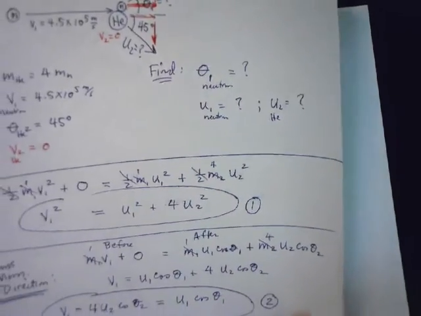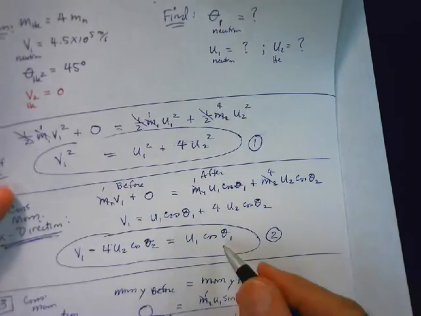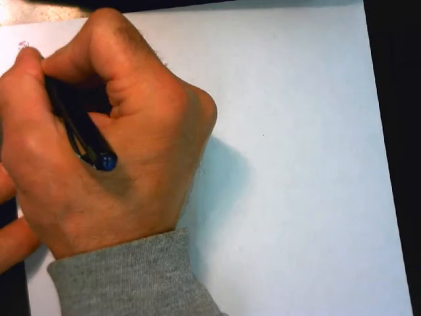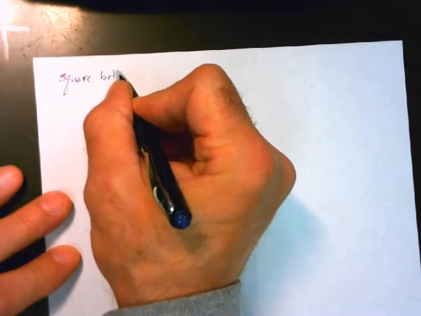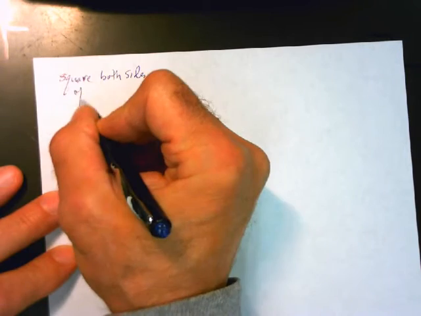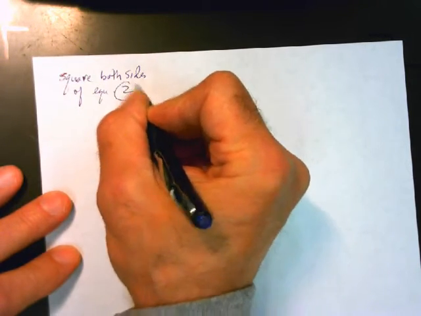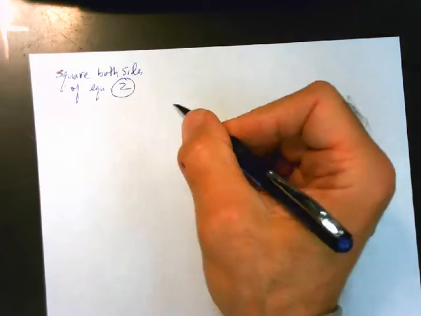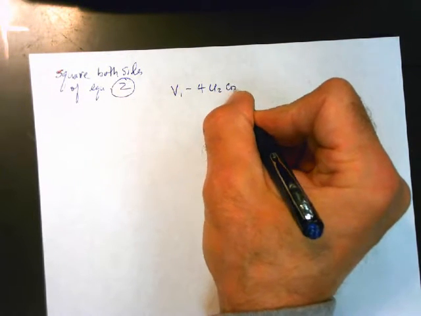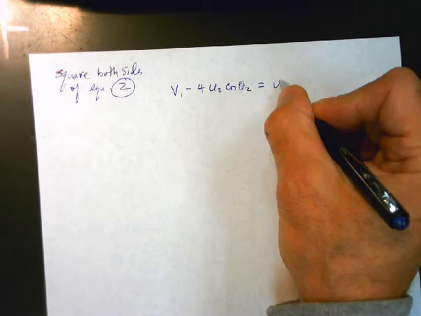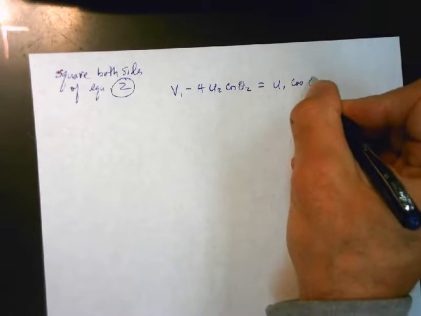What we need to do is look at equation 2 again. Just a reminder, equation 2, that's this one. I'll write it back down, and we want to square both sides. So let me write equation 2 down: V1 minus 4 U2 cosine theta 2 equals U1 cosine theta 1.